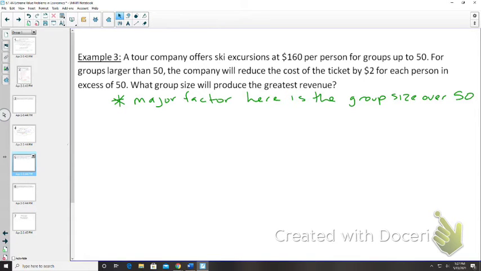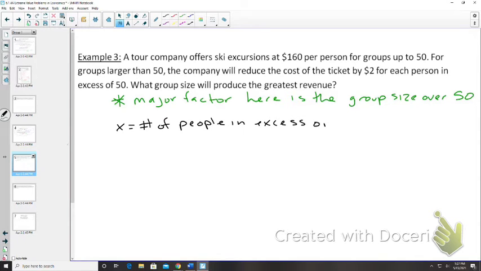So let's let x equal the number of excess people above 50, so x is the number of people in excess of 50. We will let 50 plus x equal the total number of people on the ski trip.